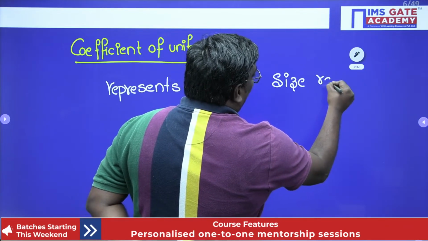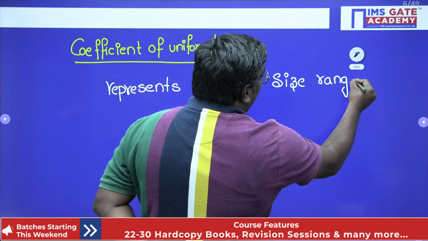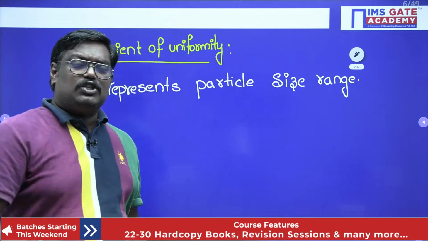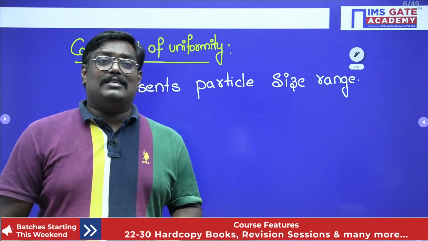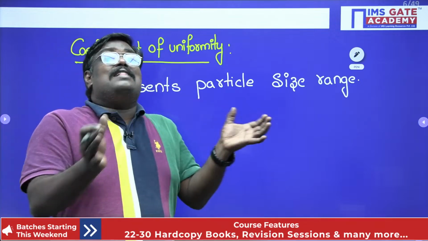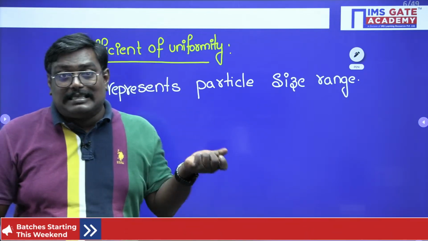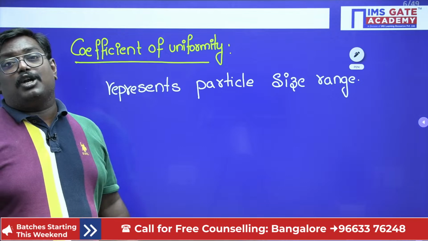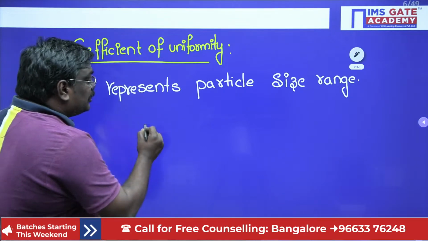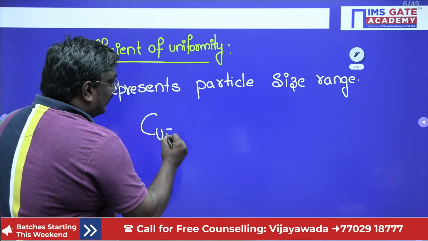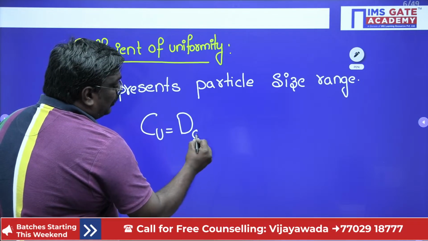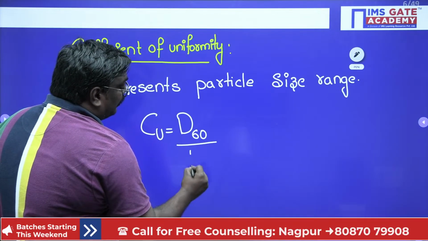Meaning if you take a soil sample, what is the minimum size of the soil and what is the maximum size of the soil. So you can understand the range of the soil particle size by understanding the coefficient of uniformity. And coefficient of uniformity is given by the formula Cu is equal to D60 upon D10.